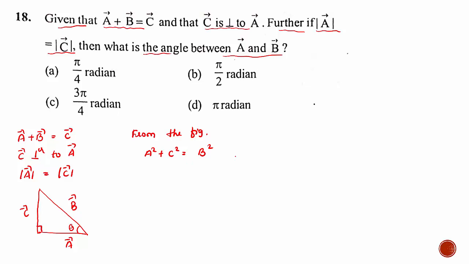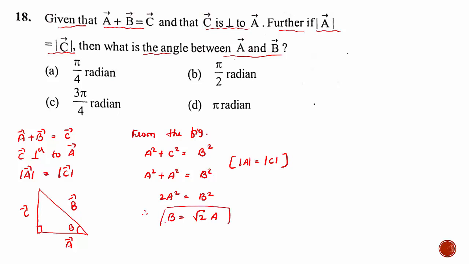But here it is given C and A both are equal, mod A equal to mod C. So I can write A square plus, in place of C again I can write A square equal to B square. 2A square equal to B square. Therefore we can write B equal to root 2 into A. We got value of B here, root 2 into A.